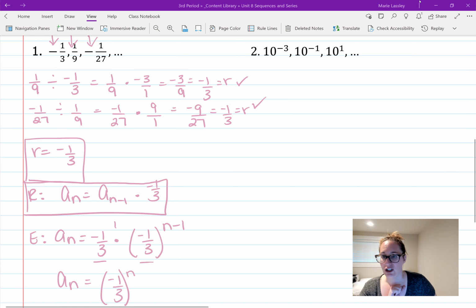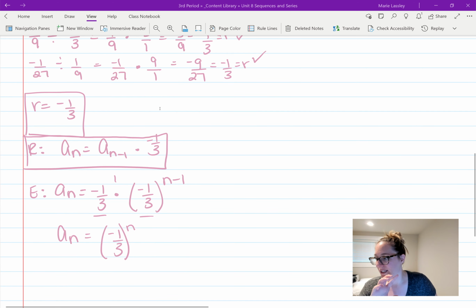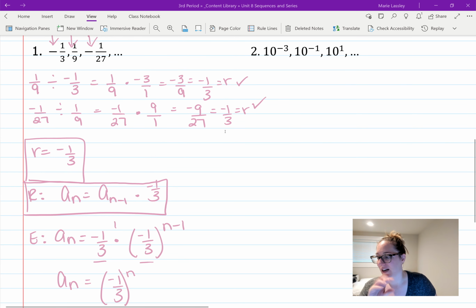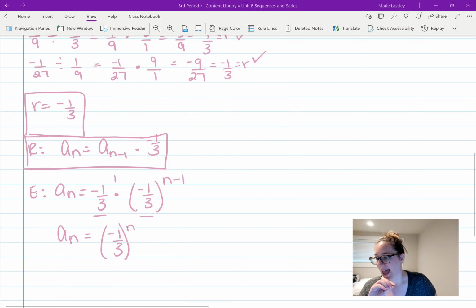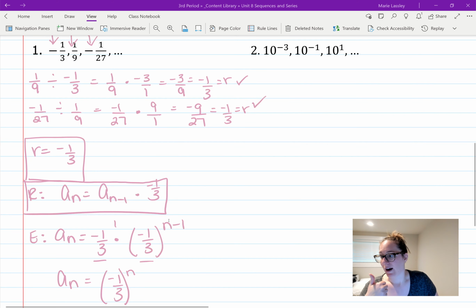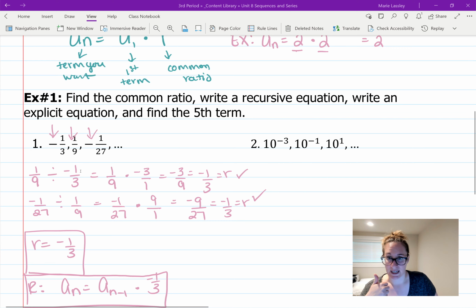So let's just check. If we want to get the first term of our sequence, it's -1/3, so n equals 1. If you plug a 1 in for n, you should get -1/3, which is correct. But our second term is positive.